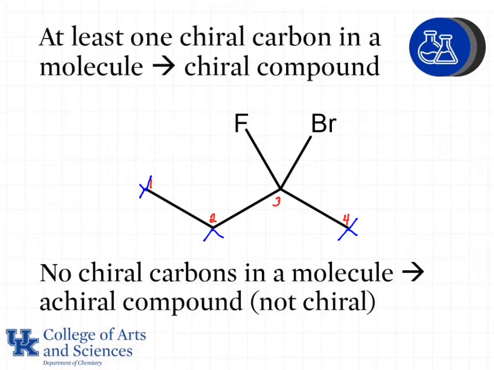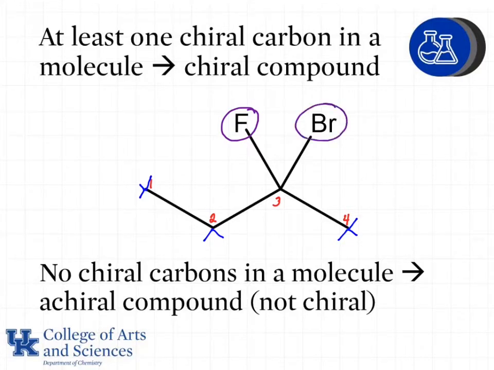Likewise, for carbon 2, it has 2 hydrogen groups. So once I have 2 groups that are the same, I don't need to look at it any further because it cannot be chiral. Carbon 4 also has 3 hydrogen groups, so it cannot be chiral. The only carbon I need to look at is carbon 3, and I look for the groups attached to that carbon. My first group is fluorine.